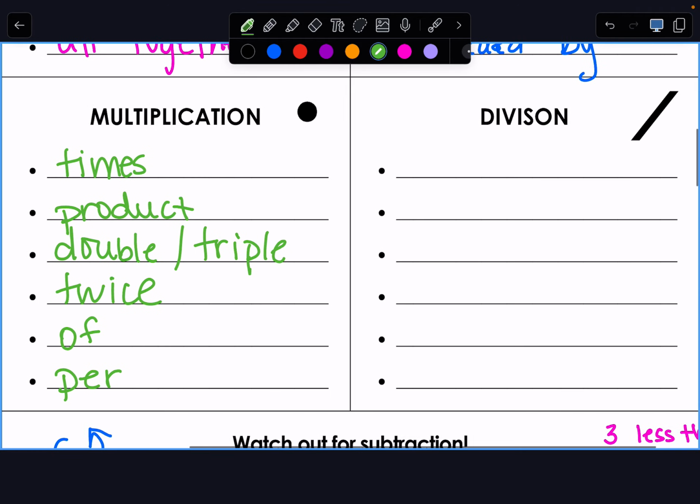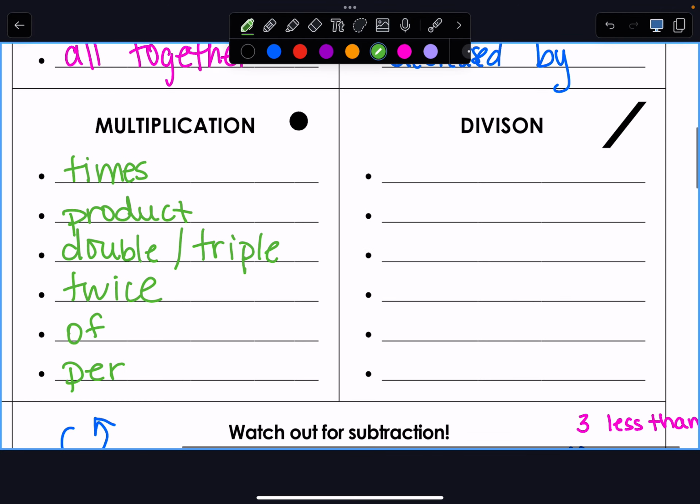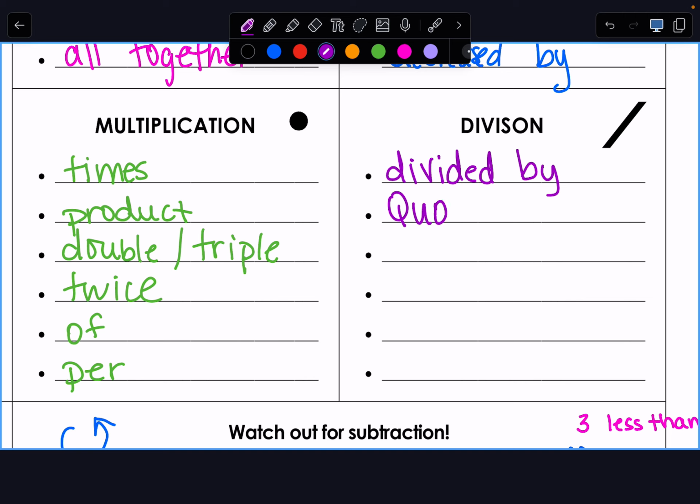All right, let's get some division words in here. All right, division. How about divided by? Quotient, yes.